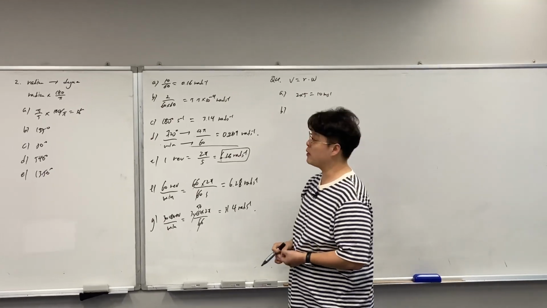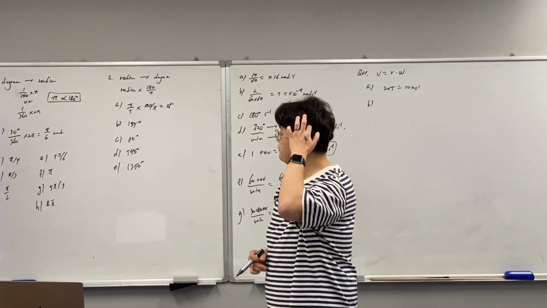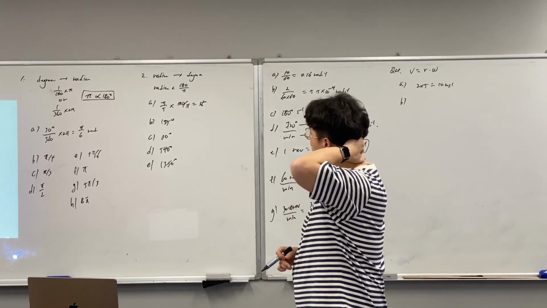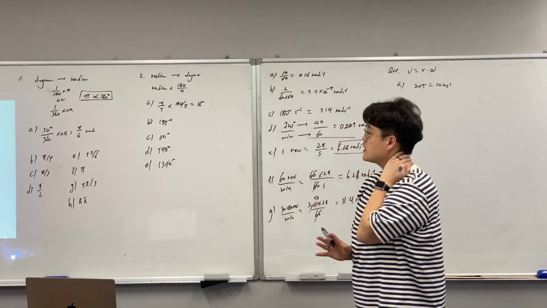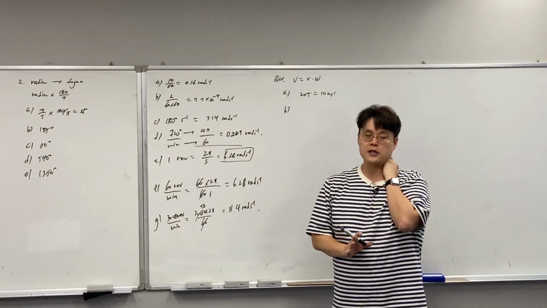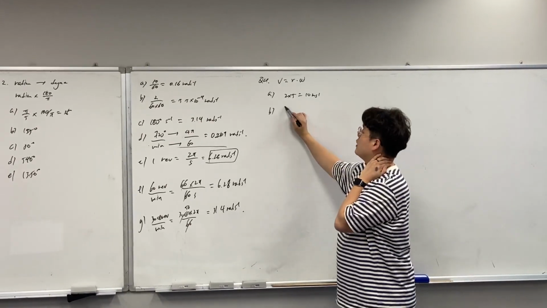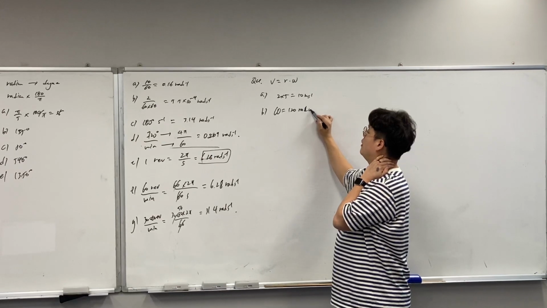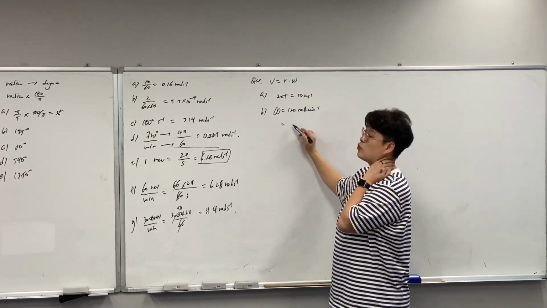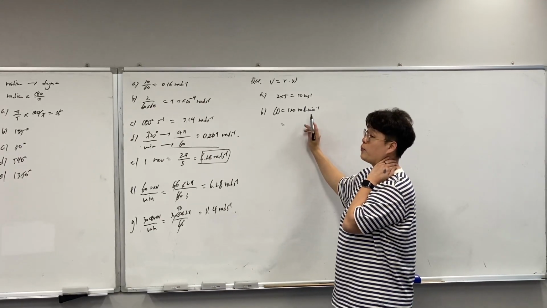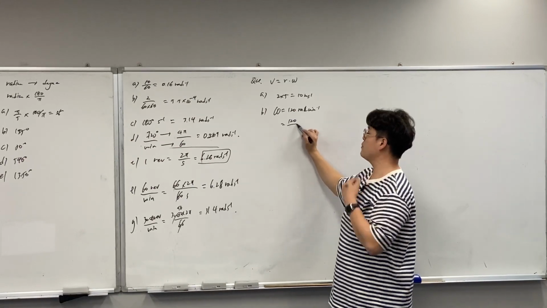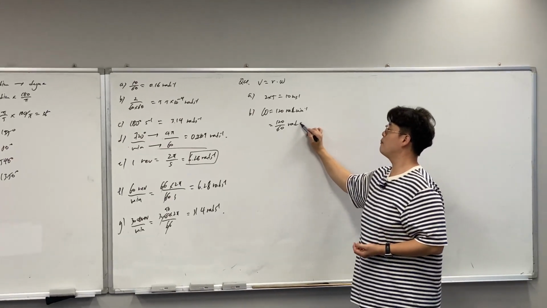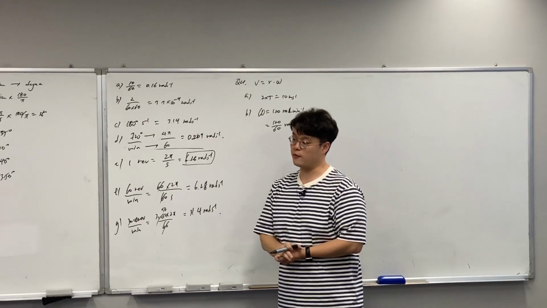B, we have to find with the angular velocity of 120 radians per minute. Now, that's not in seconds, which means we can't find the velocity yet. So the angular velocity is 120 radians per minute. That's equivalent to, as per minute we have 60 seconds, 120 divided by 60 radians per second. That's 2 radians per second eventually.